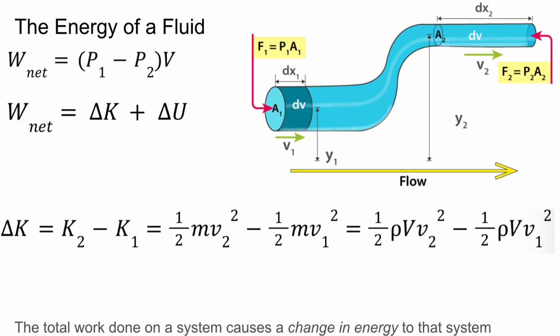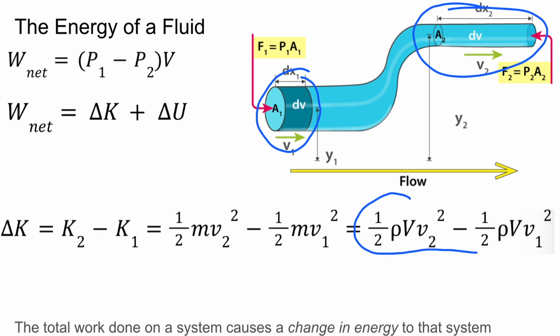And again, since we know that the volume and the mass that's moving through point 1 over here should be the same as the volume and the mass moving through point 2, that's why we now, for our kinetic energy, can set up this equation right here.